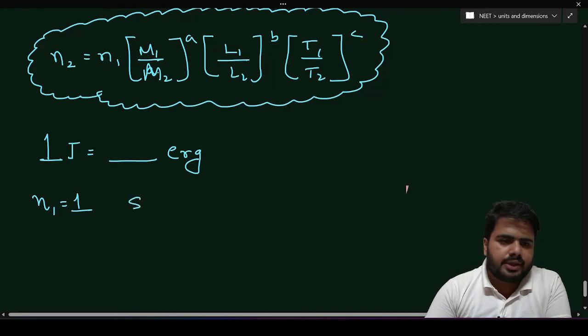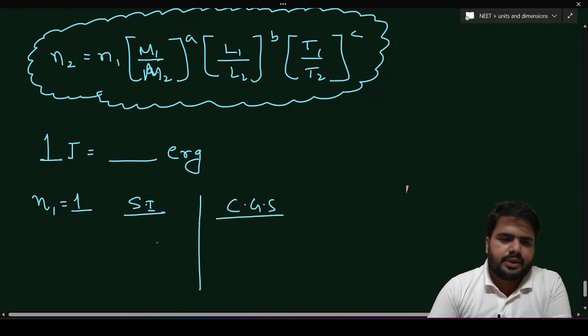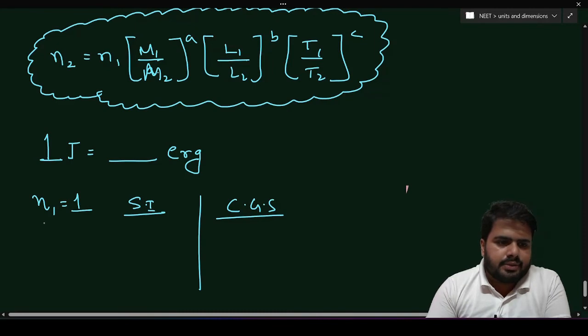One is for the SI units and the other one is for CGS units. Clear? Okay, so n1 is given, that is 1, but in CGS you have to find the value of n2. We have to find the value of n2 by using this formula.